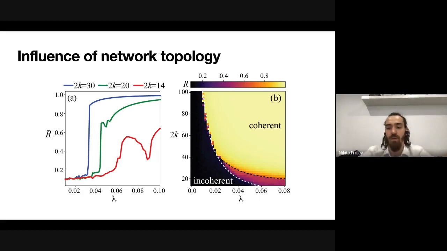So the network topology remains regular and non-local, but we increase the number of the elements which are coupled with the current element. So the green curve here shows the previously considered situation. The red curve demonstrates the decreasing of the number of the elements.